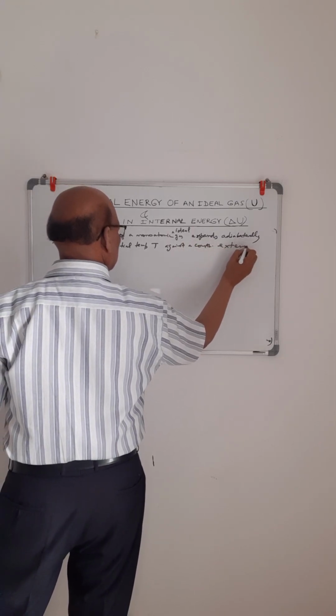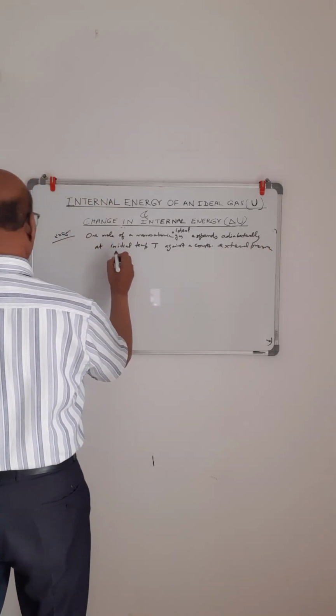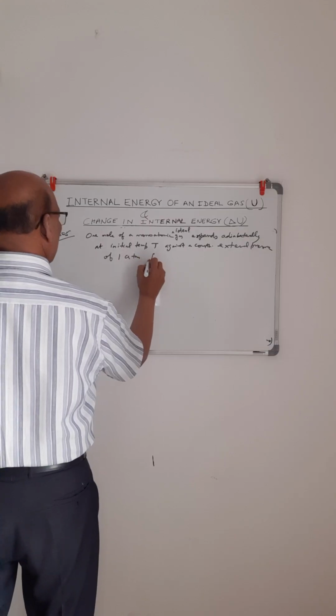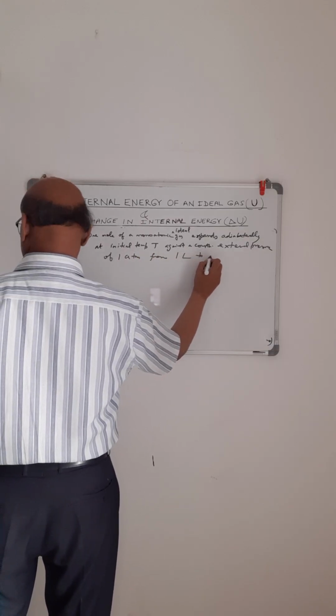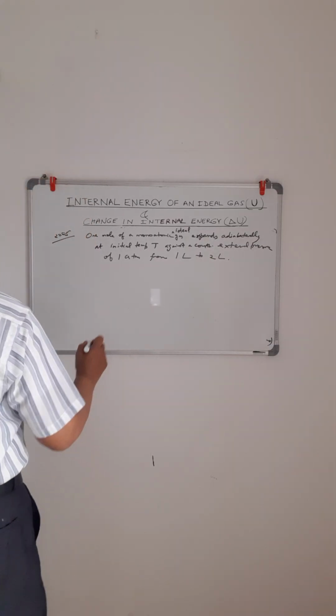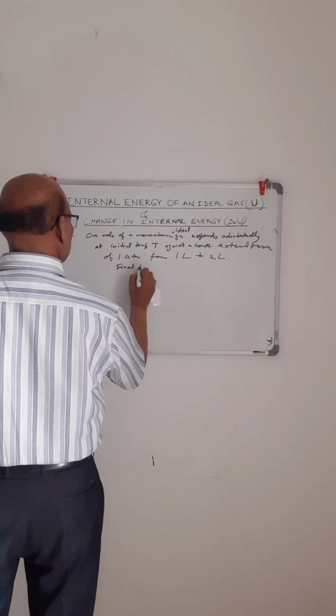External pressure is given as 1 atmosphere, from 1 liter to 2 liter. Okay, and we have to find out the final temperature, and 4 options are given to us.